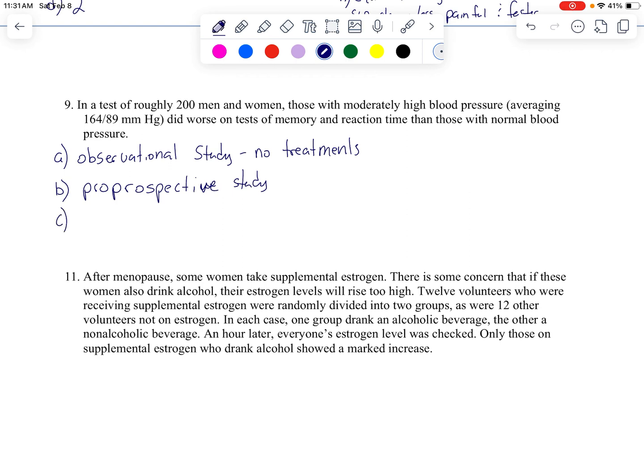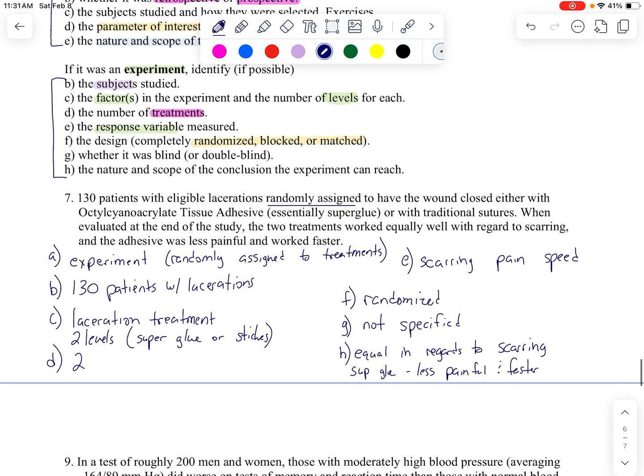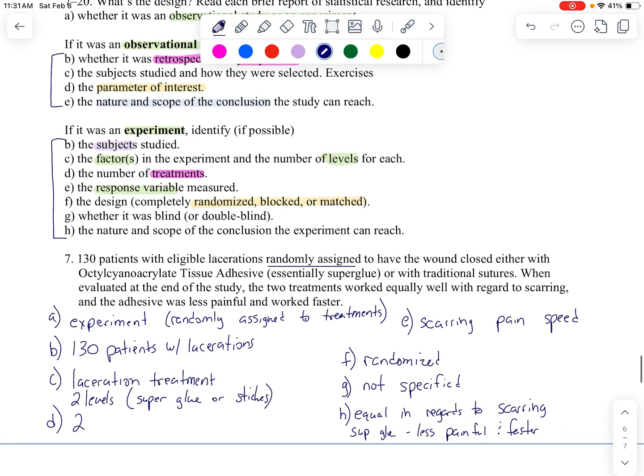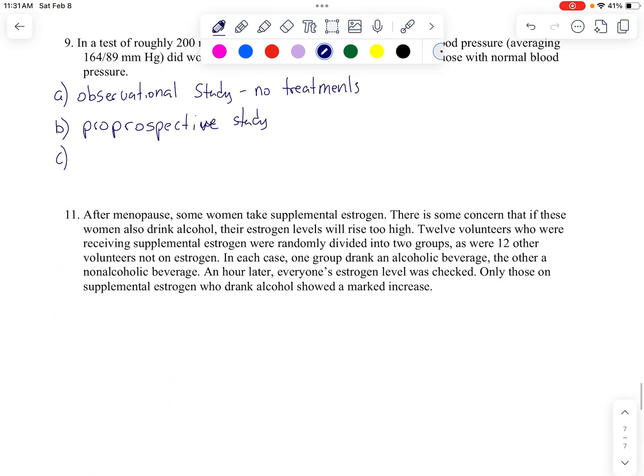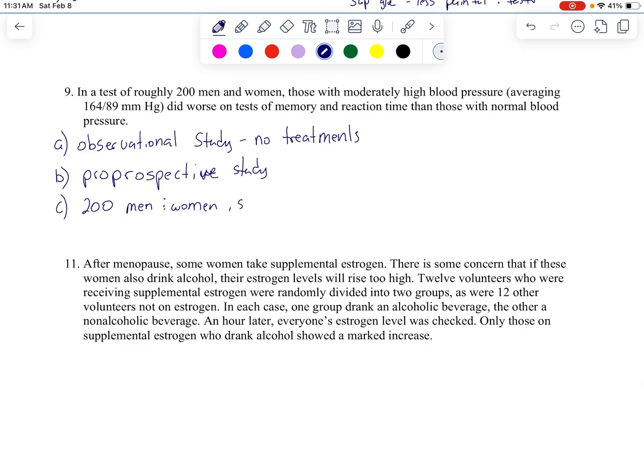In part C, I'm supposed to talk about the subject studied and how they were selected. So we selected 200 men and women. Selection method unknown.